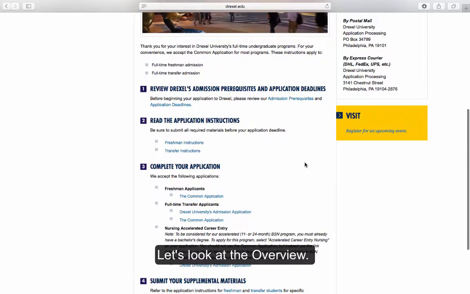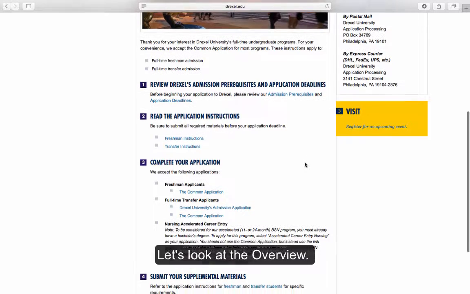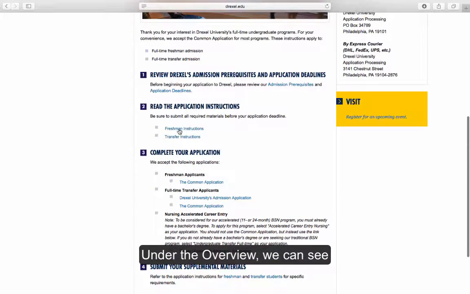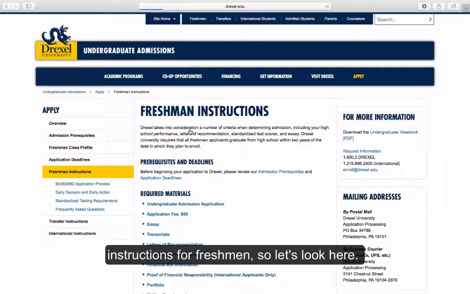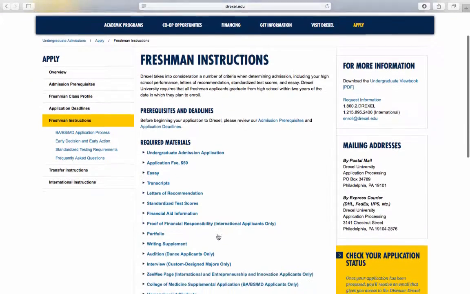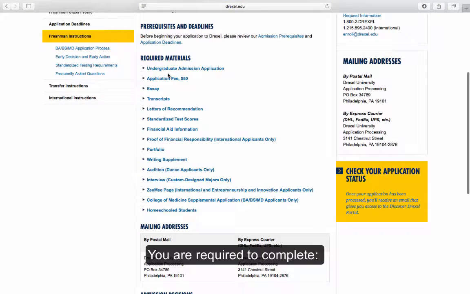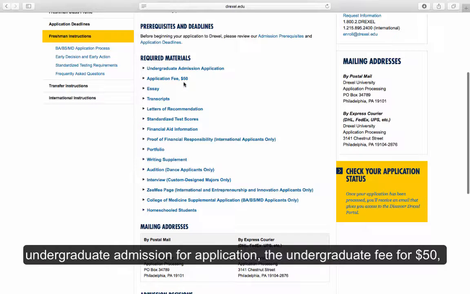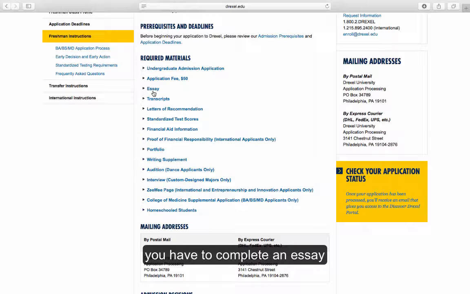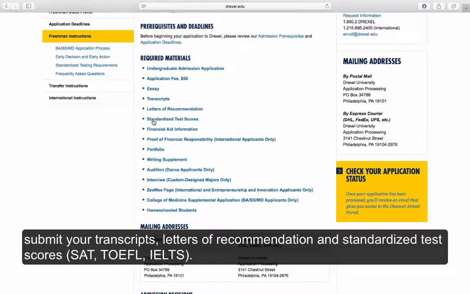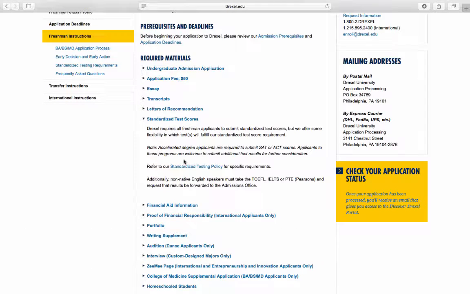Let's look at the overview. Under the overview, we can see instructions for freshmen. You are required to complete the undergraduate admission application, with an application fee of $50. You have to complete an essay, and submit your transcripts, letters of recommendation, and standardized test scores.